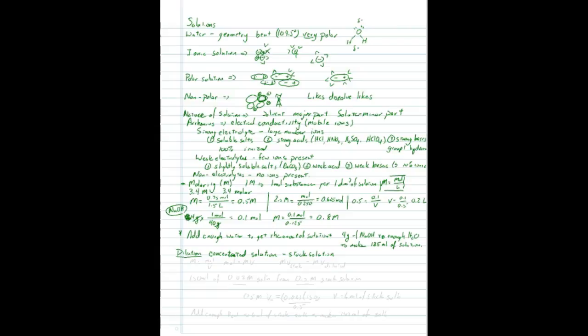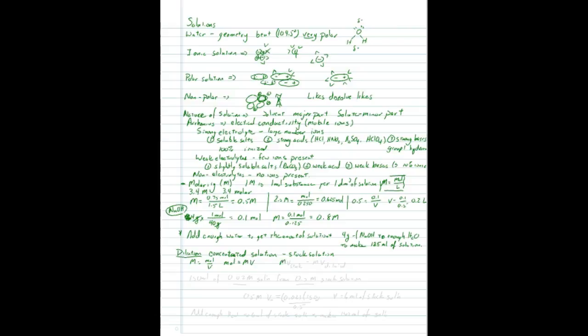The formula: the number of moles will be constant because it's the same number of chemicals, you're just adding water. So if you do molarity equals moles divided by volume, you solve for moles. That's molarity times volume.